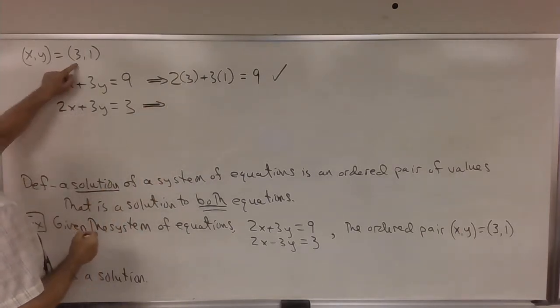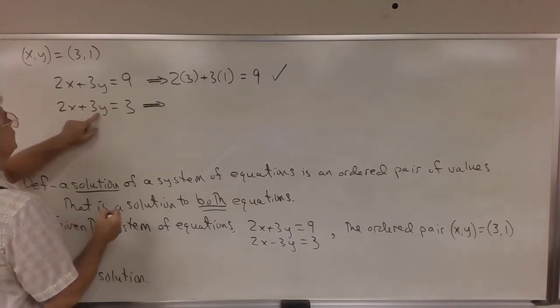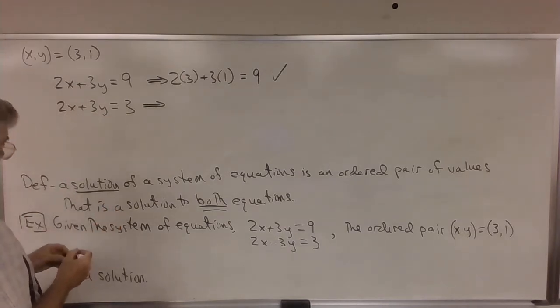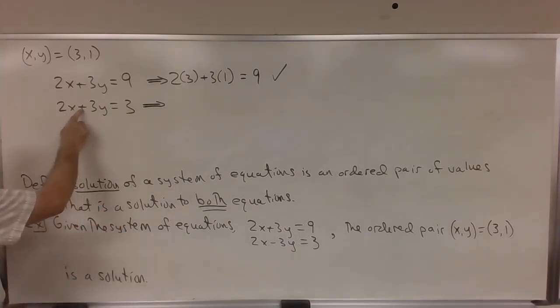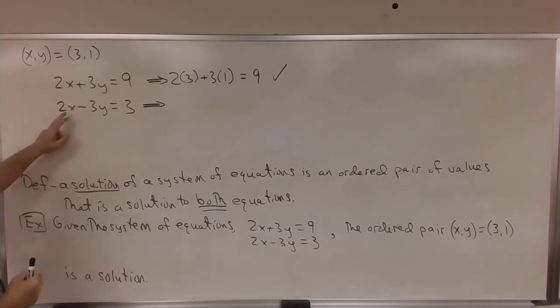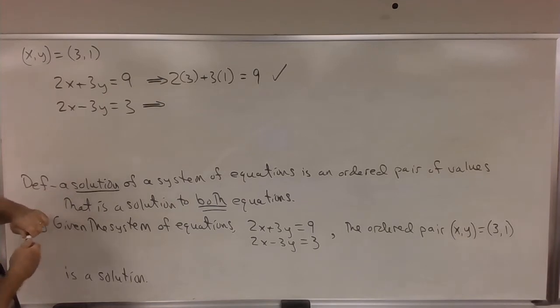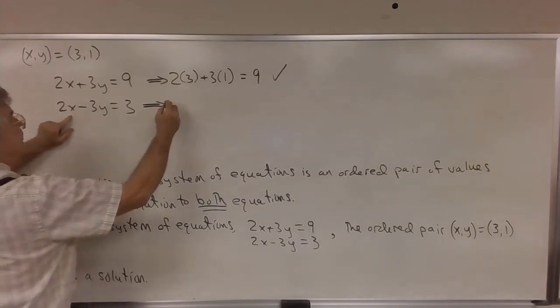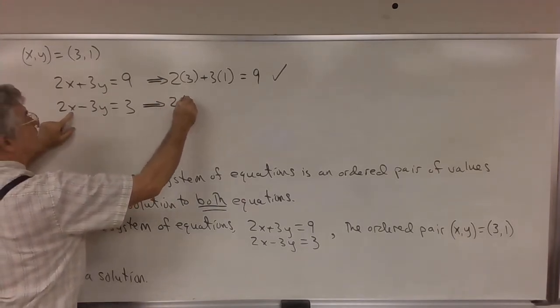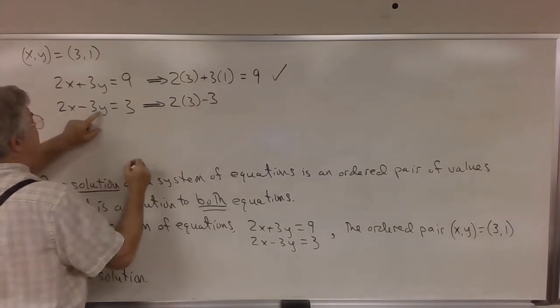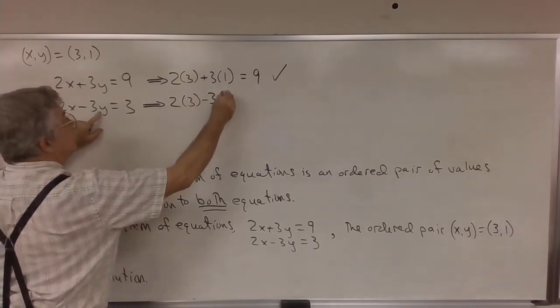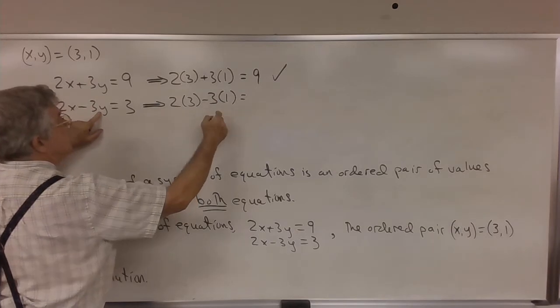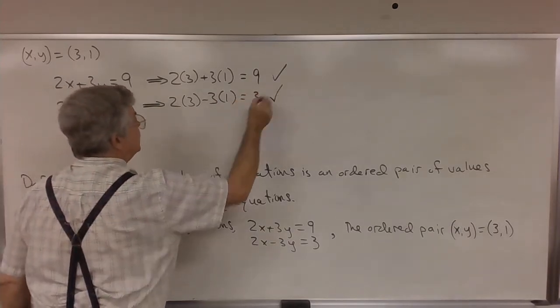So let's see, take 3 and 1 and plug it in for x and y. And you know what? This should be a minus sign, shouldn't it? The second equation should be 2x minus 3y. So I plug in 3 for x, and I plug in 1 for y, and I get 6 minus 3 is 3.